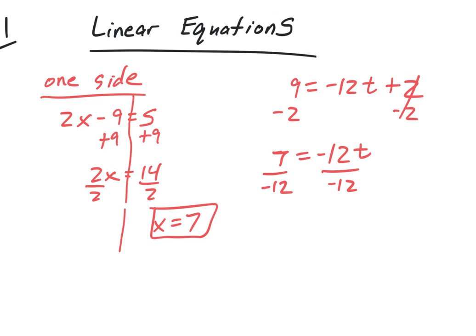If I have 7 over negative 12, we know that's going to be a decimal. And if this doesn't reduce, the best way to leave our answer is that. Okay. Can I put it in my calculator? I mean, I guess you could, but in this case, there really isn't any reason to put it in the calculator.